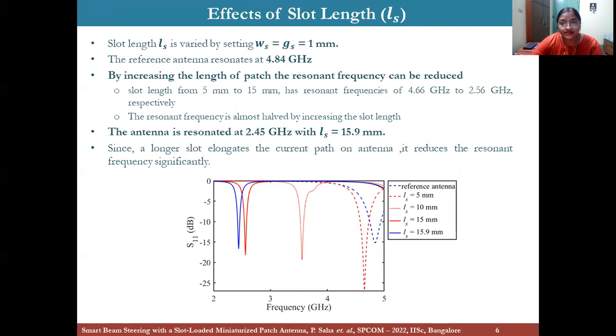From the figure, we can see that by increasing the slot length from 5 mm to 15 mm, the resonant frequency is shifted down from 4.66 GHz to 2.56 GHz. At Ls equal to 15.9 mm, the antenna resonates at 2.45 GHz.